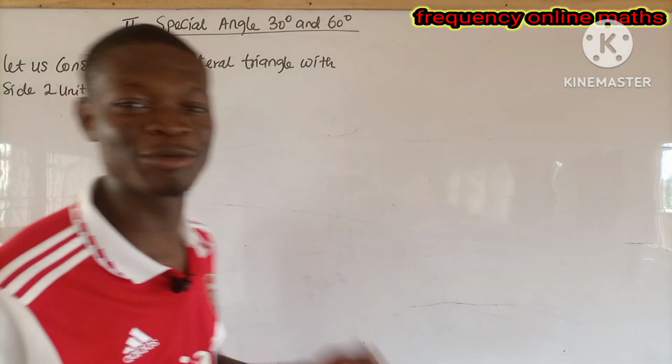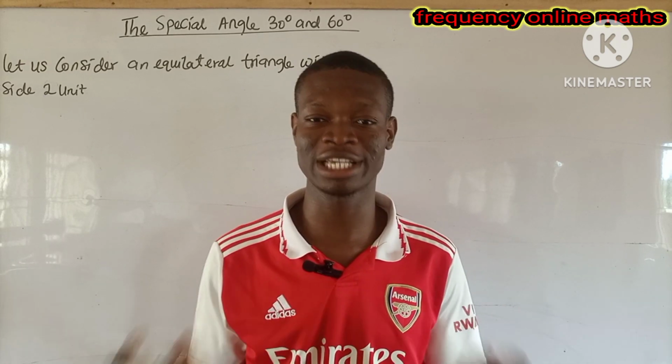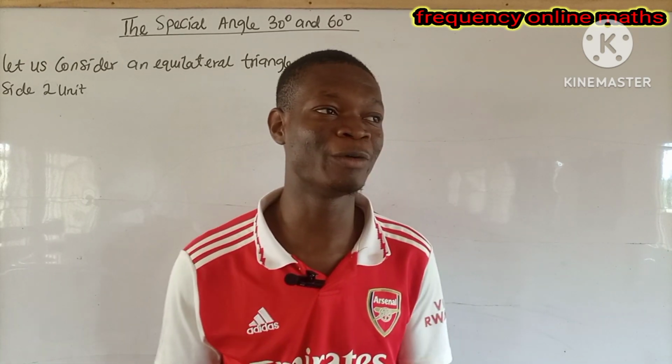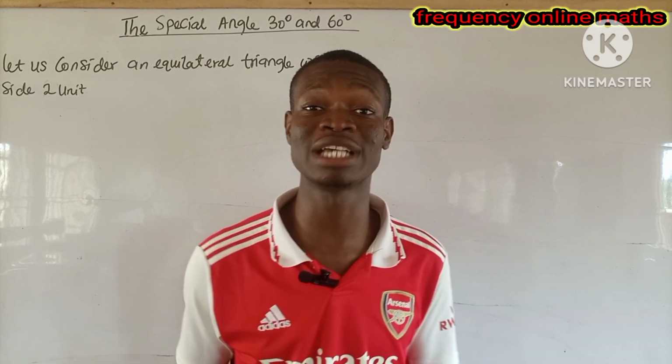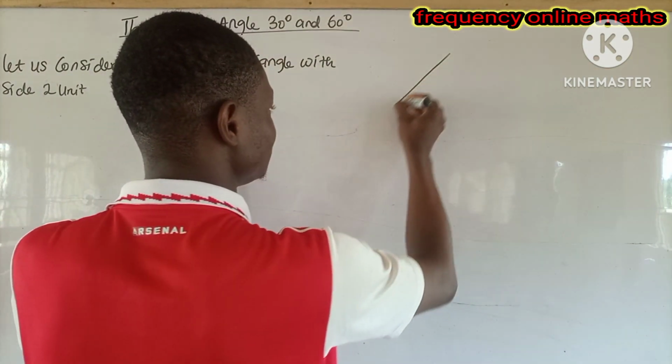You know what an equilateral triangle means? It is a triangle whereby the three sides are equal. And an isosceles triangle is a type of triangle whereby two sides are equal. So let us draw the equilateral triangle.